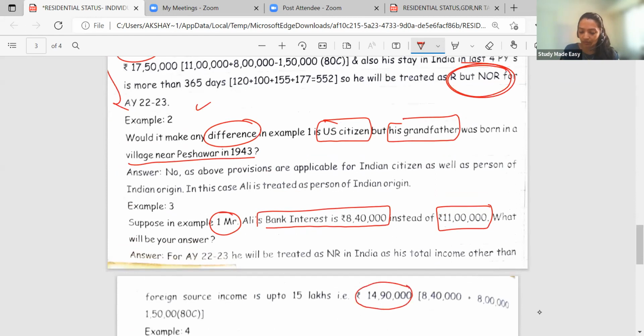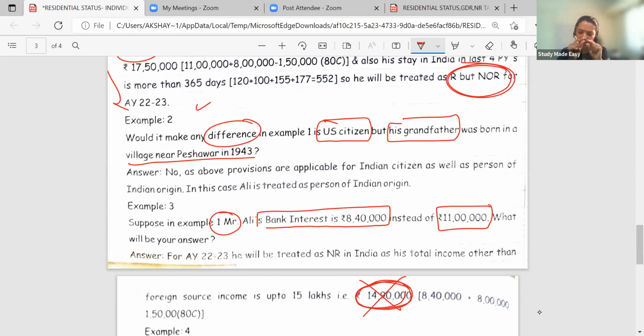It is coming to less than 15 lakh. We know we should have greater than 15 lakh, we should have Indian citizen, we should have residential status, then only he is RNOR. But this condition is not getting satisfied. That means I cannot say that he is resident and ordinary resident of India.